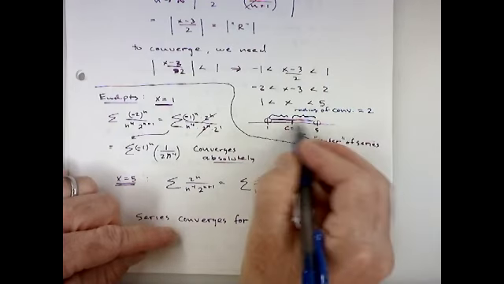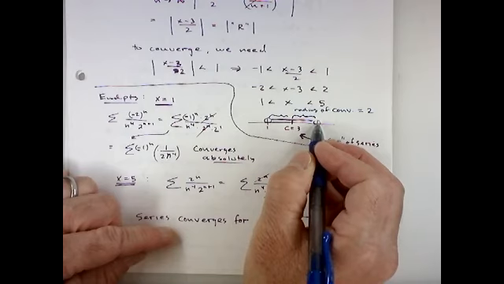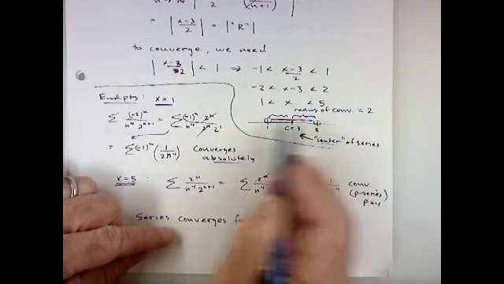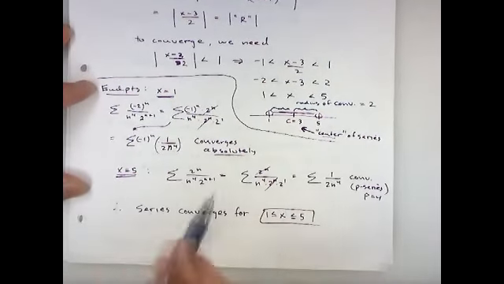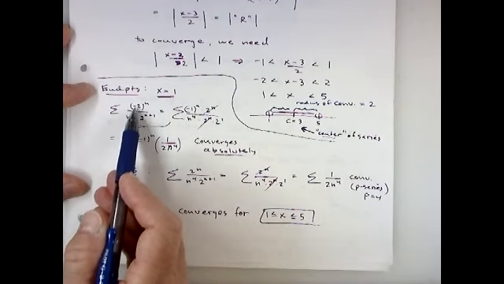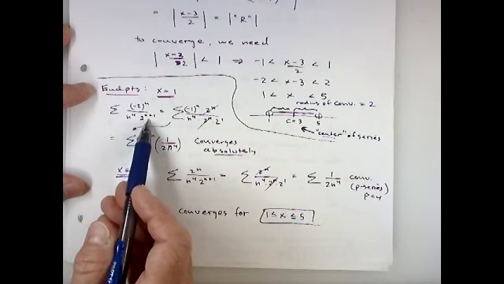Remember that the radius doesn't really care about what's actually happening at the endpoints, but we know the ratio test would have been inconclusive at the endpoints, so we have to check them separately. If you plug in x equals 1, you're going to be left with negative 2 to the n over n to the 4th divided by 2n plus 1.